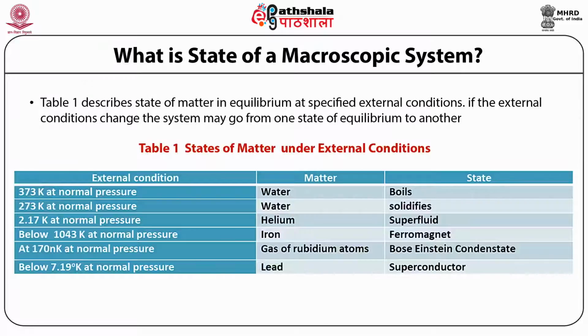Iron below 1043 degrees Kelvin at normal pressure behaves like a ferromagnet. A gas of rubidium atoms at 170 nanokelvins at normal pressure shows Bose-Einstein condensate. Lead below 7.19 degrees Kelvin at normal pressure becomes a superconductor.